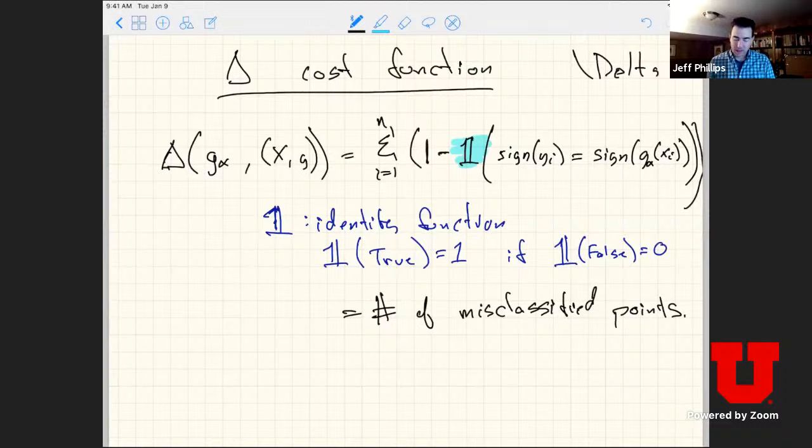All right, and so this function is what we'd like to minimize. We'd like to minimize the number of misclassified points, we'd like to minimize this cost.